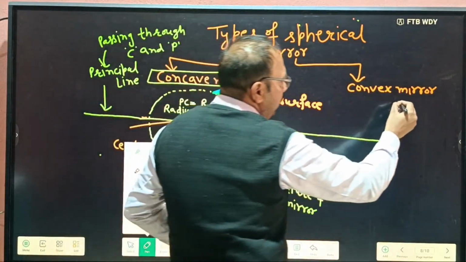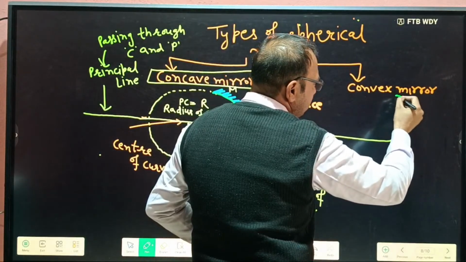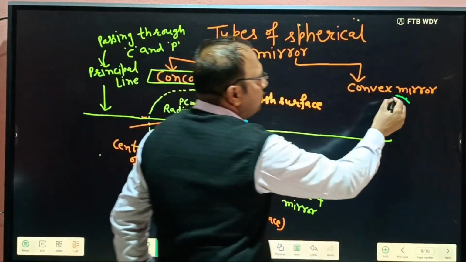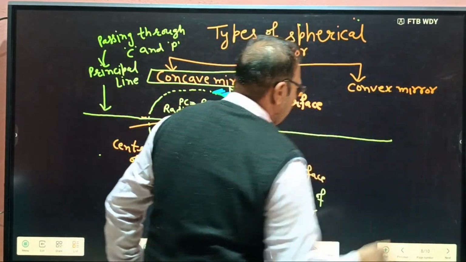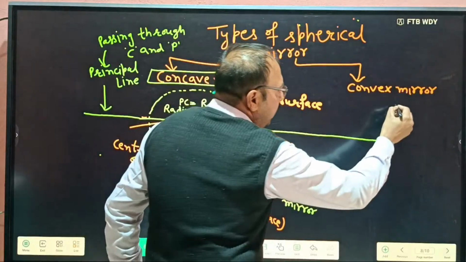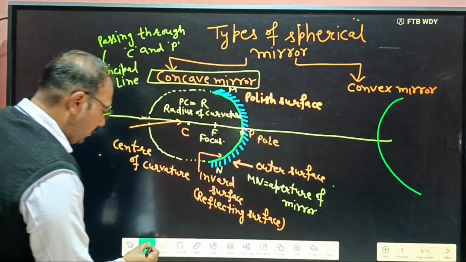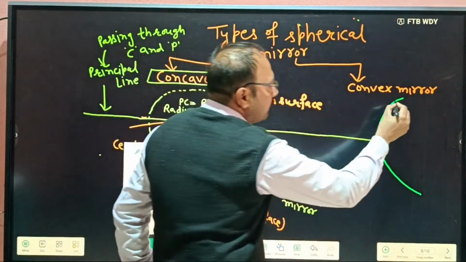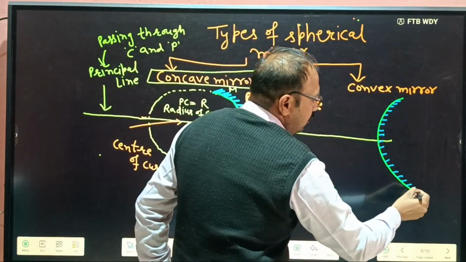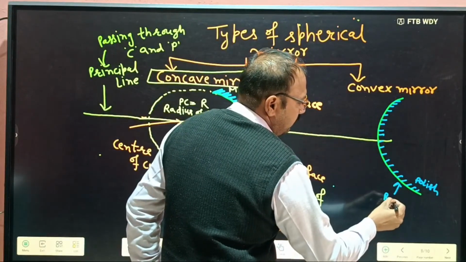So if we make it like this, this inside surface is polished, and this surface is reflecting.